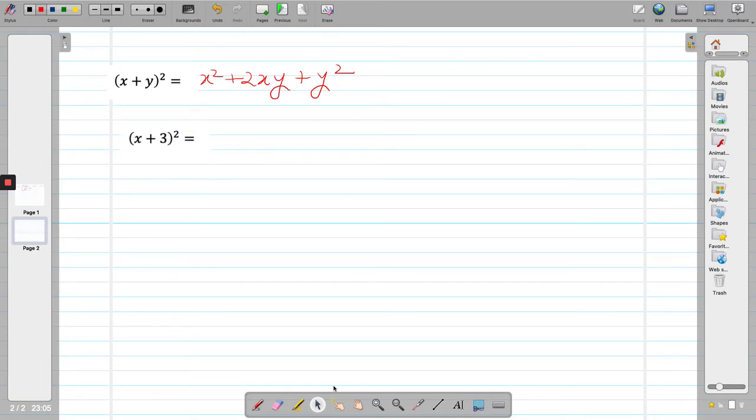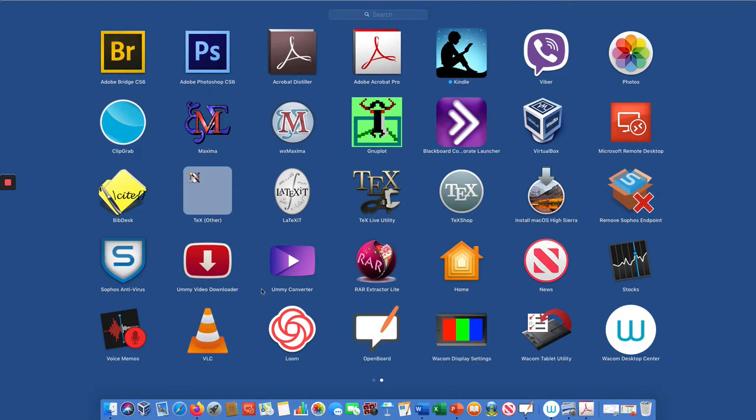So x plus 3 whole squared will be what? Okay, so always remember one thing, the formula. If we know the formula, then it's easier. So let me write the formula using a different color pen here on the top, or in this side maybe.